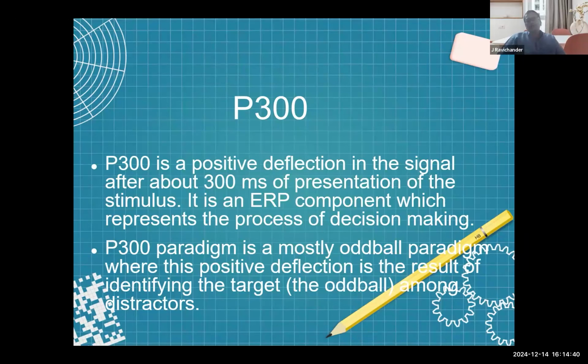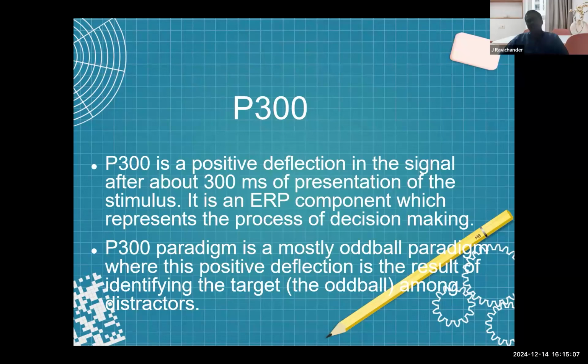Whenever something that is not normal happens, usually there is a spike in the signal in the brain. That is called a P300. Just now I gave one example, but that will not happen naturally, because no one will shout to give a positive P300 signal. It will not be like that.